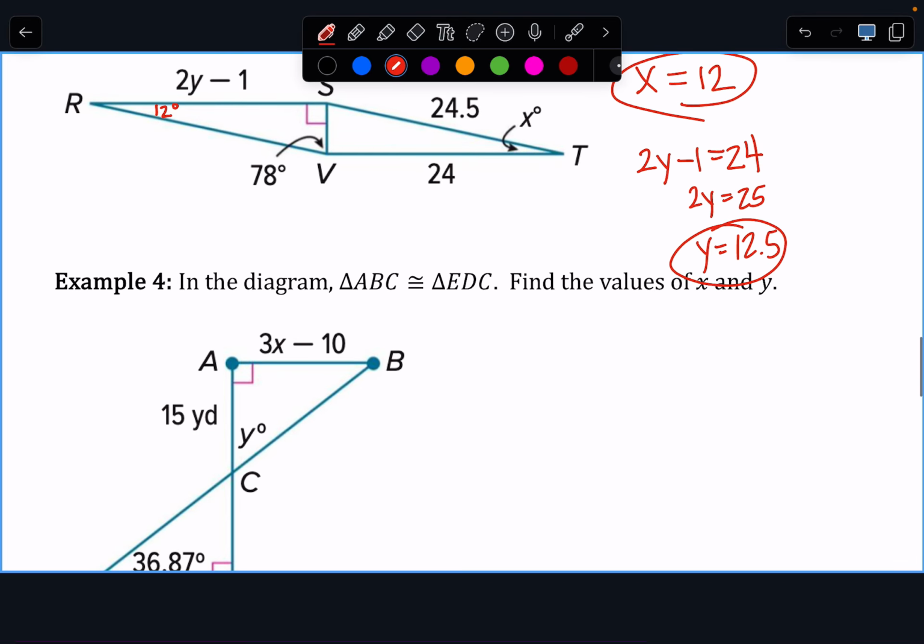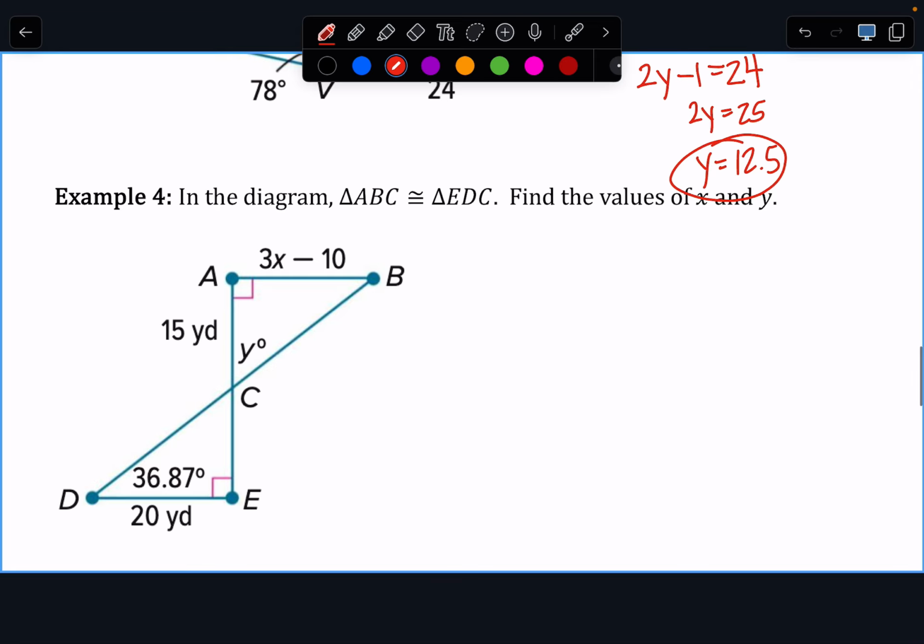I'm going to give you a moment to solve for x and y in example 4, please.